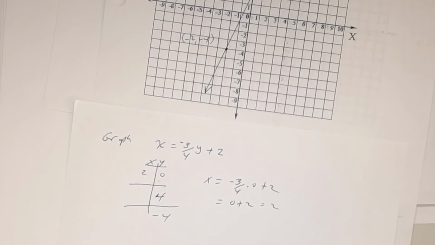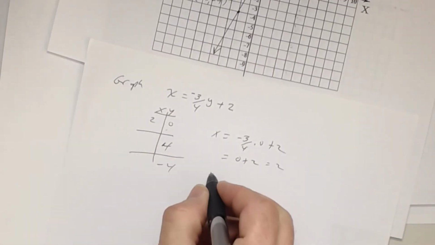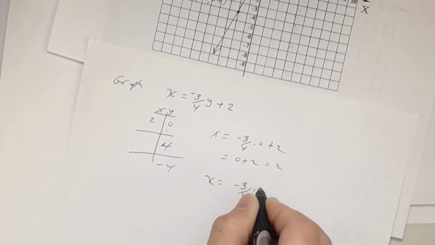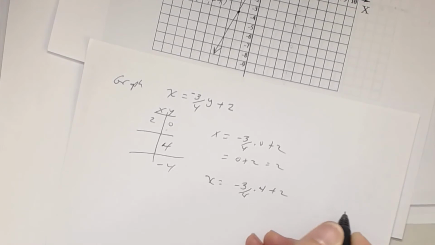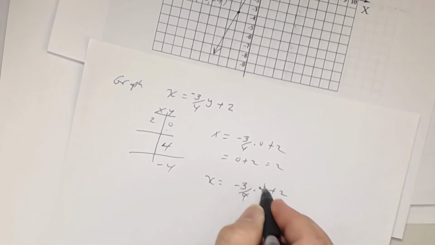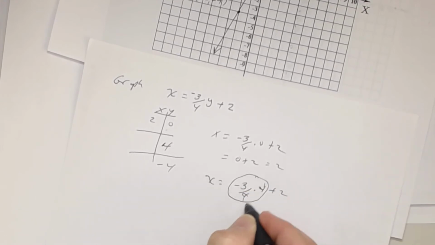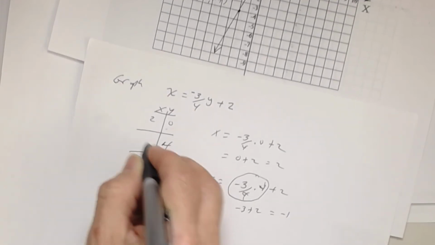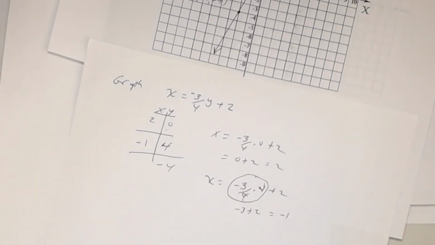Okay. If y is 4 this time, I get x equal negative 3/4 times 4 plus 2. The 4's divide out. What's this product right here? What's negative 3 plus 2? Negative 1. So that ordered pair is negative 1, 4.